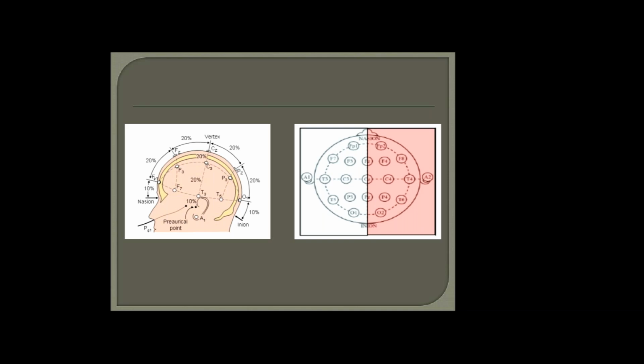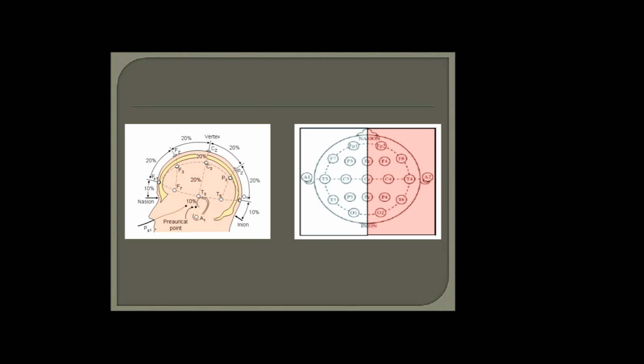Your distance between Nasion and Inion is 36 centimeters. Half of this, 18 centimeters from both the Nasion and the Inion, is considered as the midbrain or Cz, that is known as the vertex. Now, where to put your positive electrode?